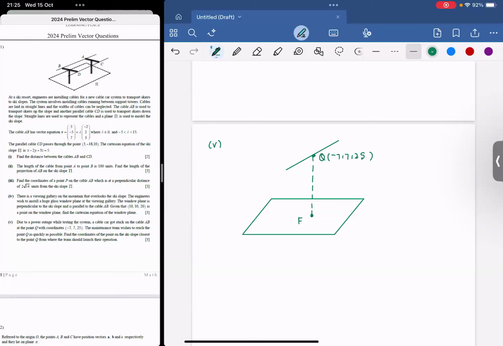So we know that for the line QF, I can form this equation. It has the point, and the direction vector is the normal vector of the plane, 1, negative 2, 3. Since OF is on the line, we know OF can be written as this.